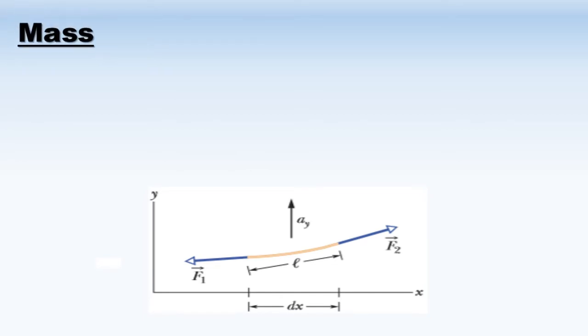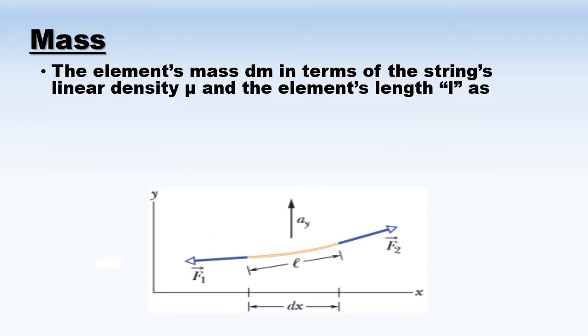Now first we analyze the mass of the string element. As we know, linear density is mass per unit length of the string. So we can define the mass in terms of the linear density and the length L as dm equals mu times L, where mu is the linear density of the string.